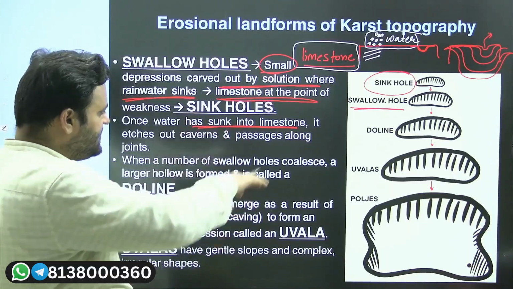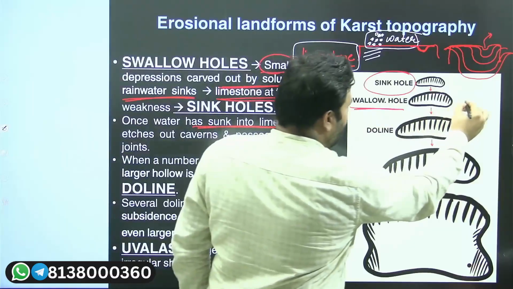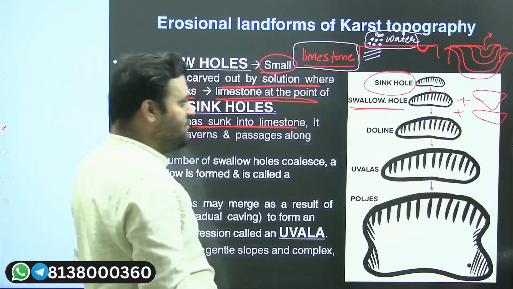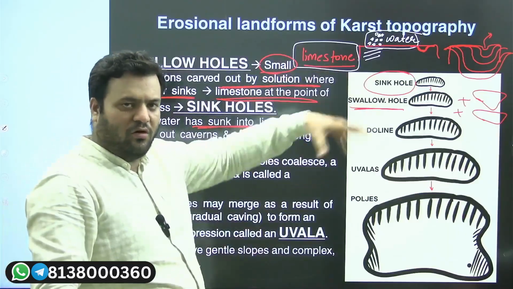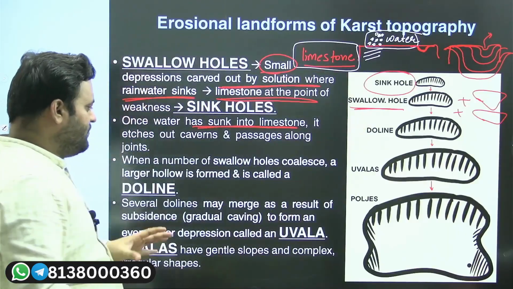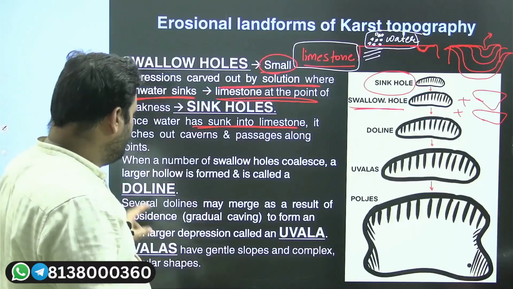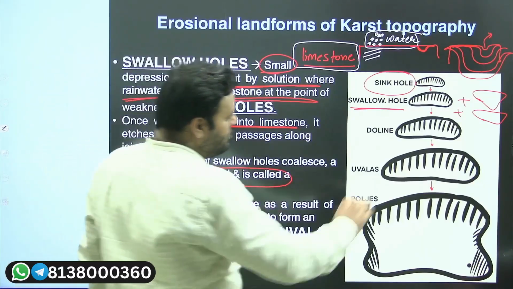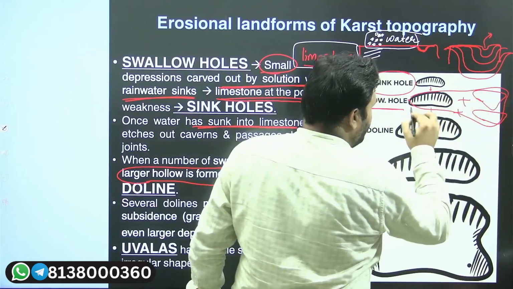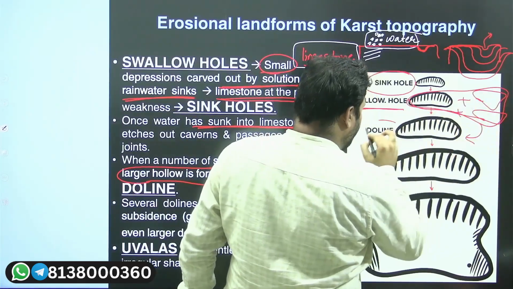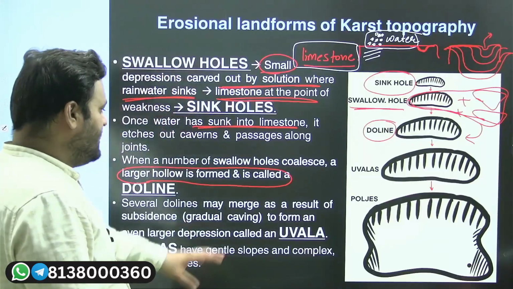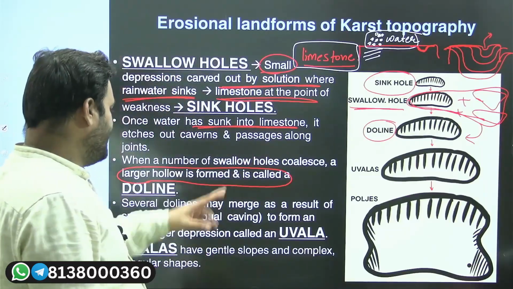If a number of swallow holes are continuously formed on the surface itself, they might result in the formation of a large hollow. Collectively they might become like a large hollow, and that large hollow will be given the name doline.